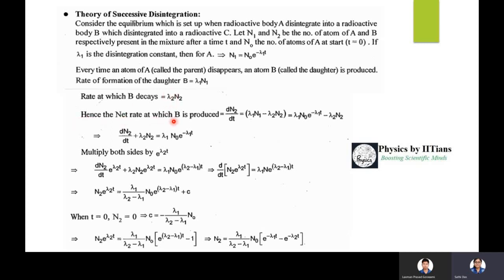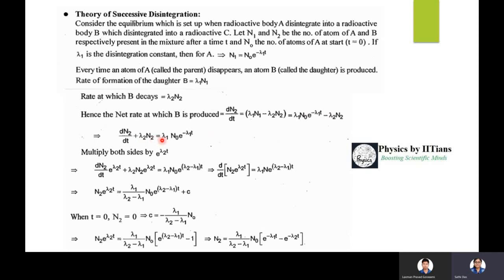So the net rate at which B is produced, dN2 by dt, is the difference between the formation from A and the decay of B, that is lambda 1 N1 minus lambda 2 N2. So it will be lambda 1 N naught e to the power minus lambda 1 t minus lambda 2 N2.